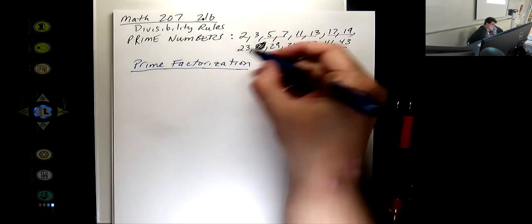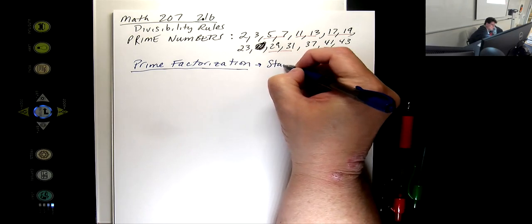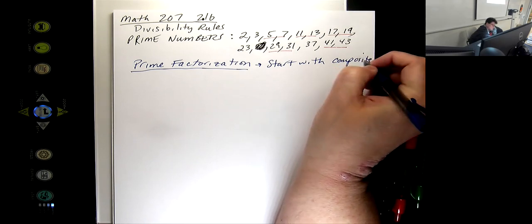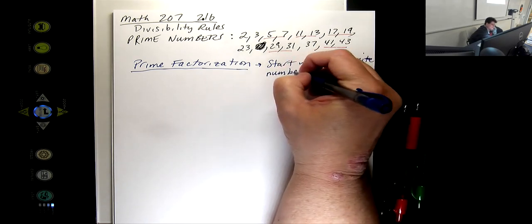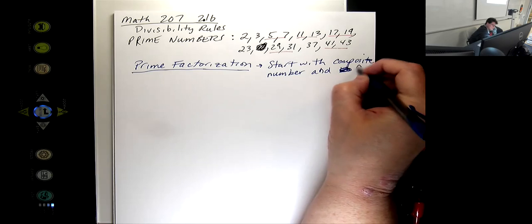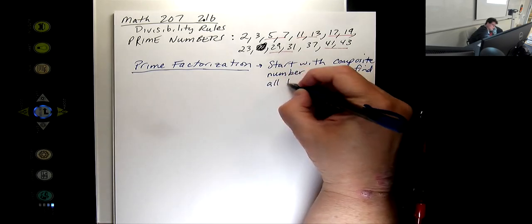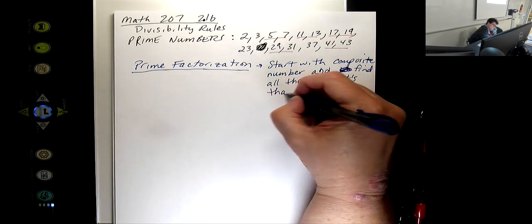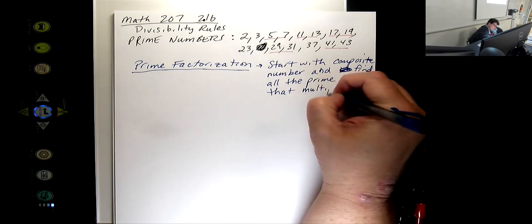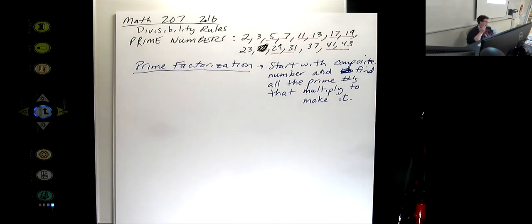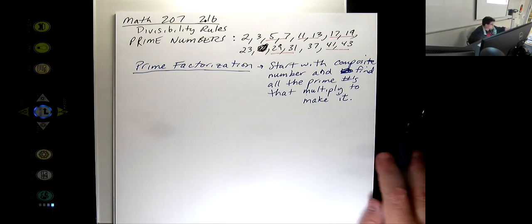A prime factorization is you start with a composite number, which isn't prime, and determine and find all the prime numbers that multiply to make it. I don't know if the words help you. Some people it does. For me, it doesn't help a lot. The actual process does, but I'll give you a second to write it down.